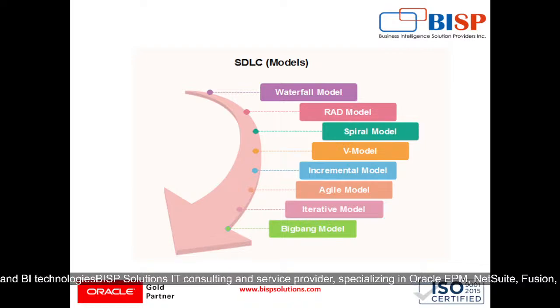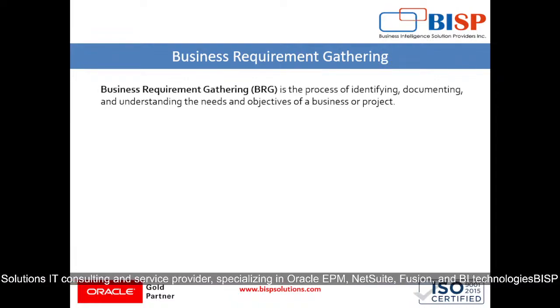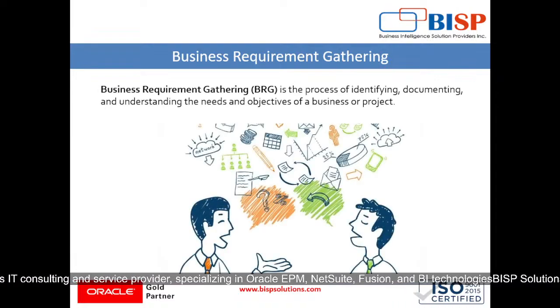Okay, so after that, business requirement gathering, which we have discussed. It is a process of identifying, documenting and understanding the needs of a business project. It involves engaging with stakeholders to collect detailed information about what they expect from the system and the product or process to achieve.